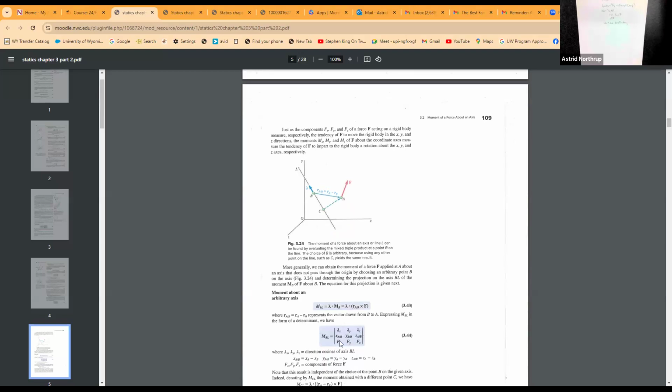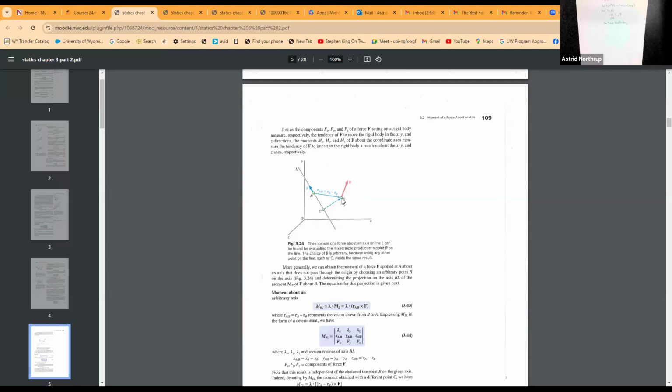The second row says x sub AB, y sub AB, and z sub AB. What that means is that you take a point on the line of action of the force, and the easiest point for us to find on the line of action of this force F would be A, because A is defined by something in the spatial coordinate system.